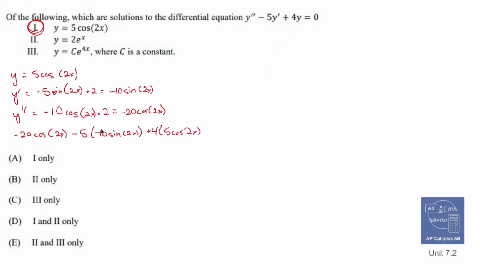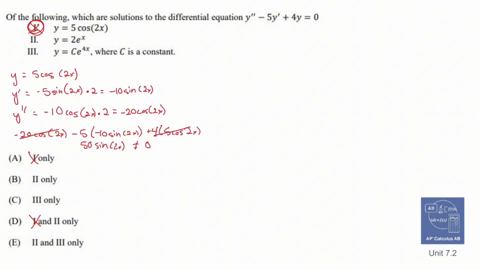And I'm supposed to get 0 when I do all that. Now, quick math will tell you that the negative 20 cos 2x and the 4 times 5, which is positive 20 cos 2x, will go away, but we're going to be left with a 50 sine 2x. That doesn't disappear, which means it's not going to be 0. So 1 is not going to be an option. So get rid of you and get rid of you.